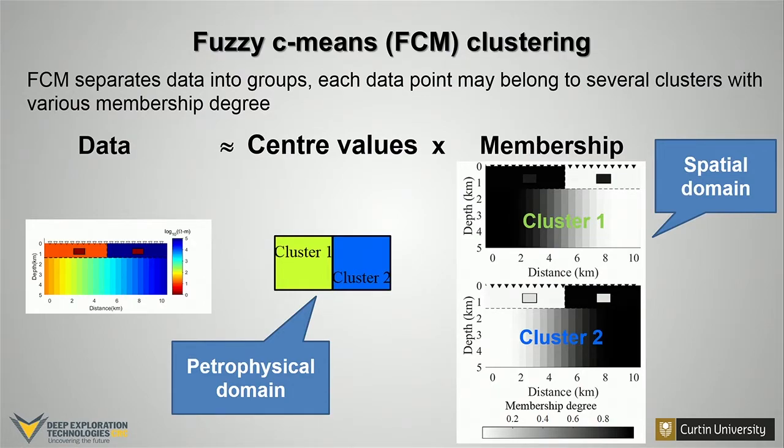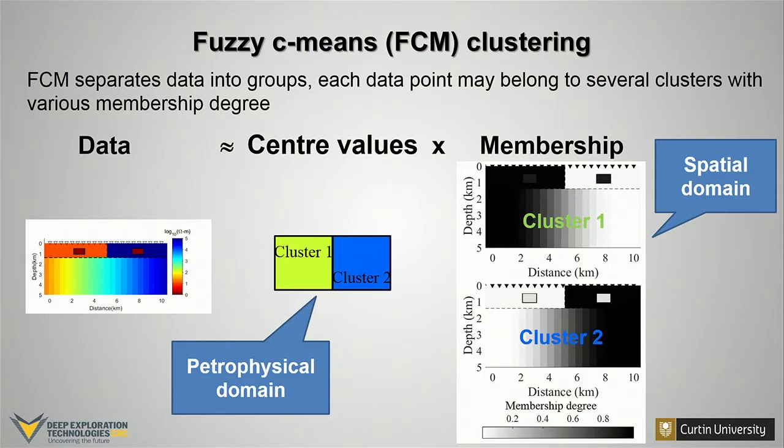From the inversion point of view, for example, we have a model including many samples, and we want to divide the model into clusters. We have the central value and membership degree. The central value can be related to the physical property domain, and membership degree can be related to the spatial domain.